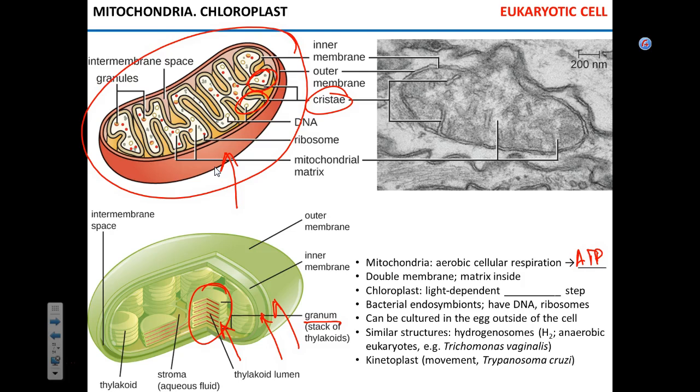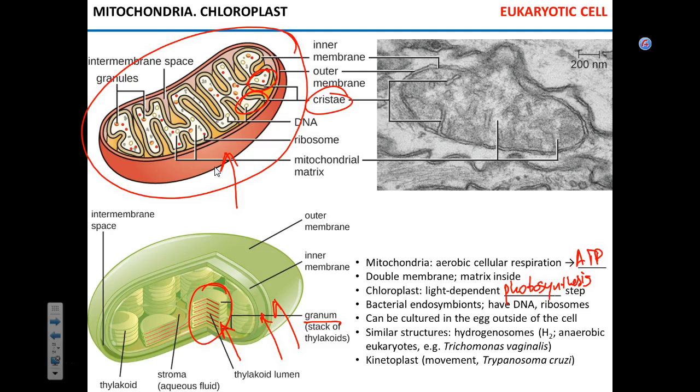So these thylakoids contain photopigments and photosystems that are necessary to carry out light-dependent what? Photosynthesis. Okay?